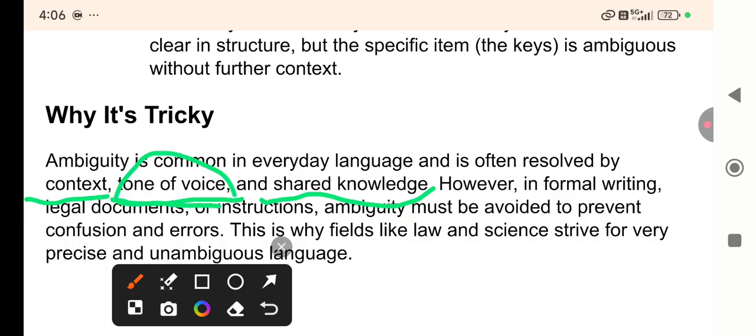Tone of voice: if I say no, I cannot go, and if I say no, I cannot go, and third is no, not possible, I cannot go. All these tones of voice share different meanings. And last one is shared knowledge, right? If you have good knowledge, definitely you'll be able to frame your sentence properly.